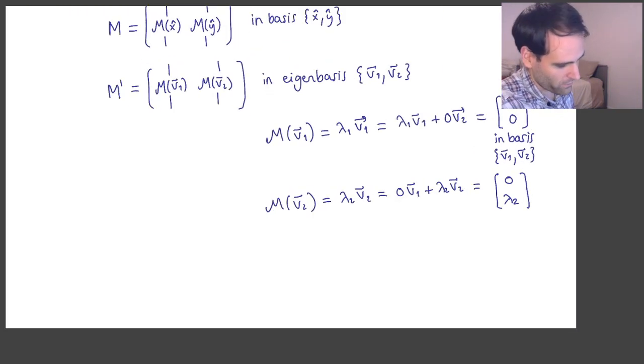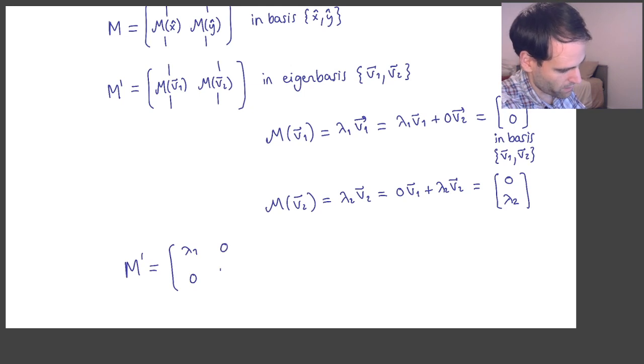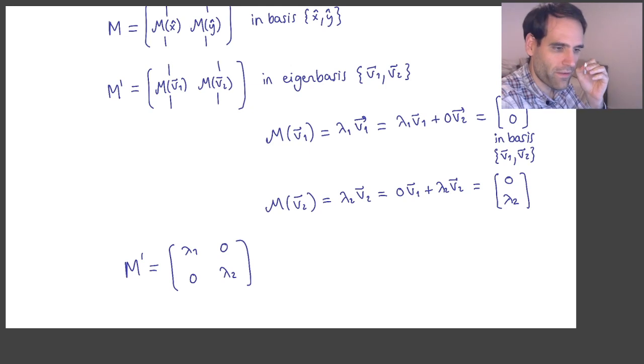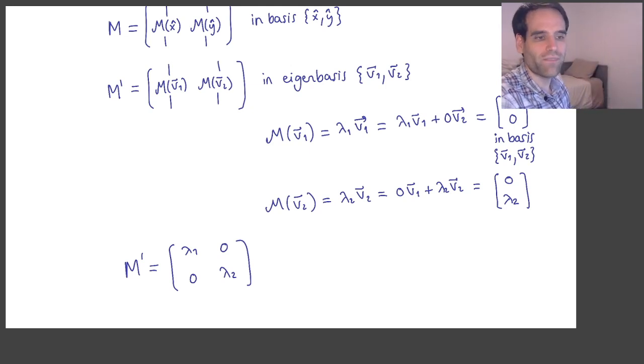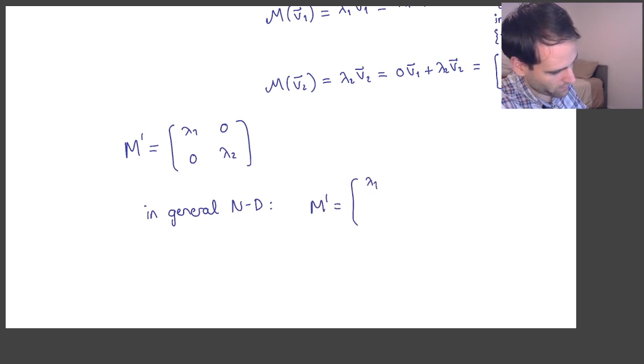Okay, and therefore M prime is just putting these two columns in this basis, so it will be [lambda 1 0; 0 lambda 2]. So it is a diagonal matrix, and the values of the diagonal are equal to the eigenvalues. In general, for n dimensions, M prime will be equal to lambda 1, lambda 2, up to lambda n in the main diagonal, and zeros everywhere else.